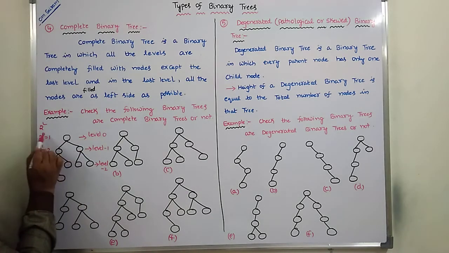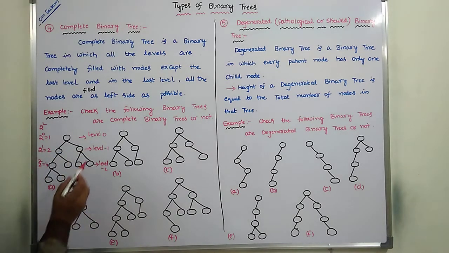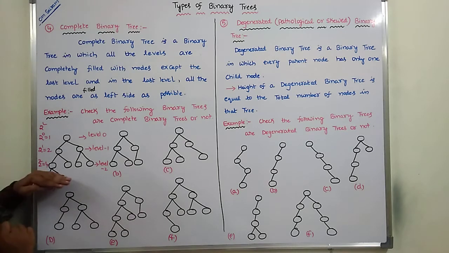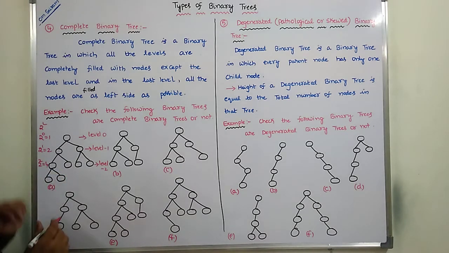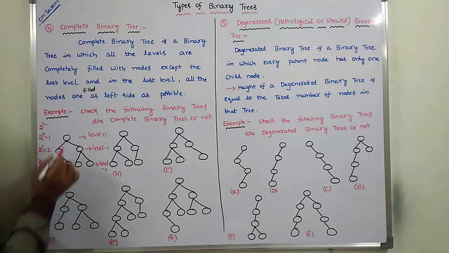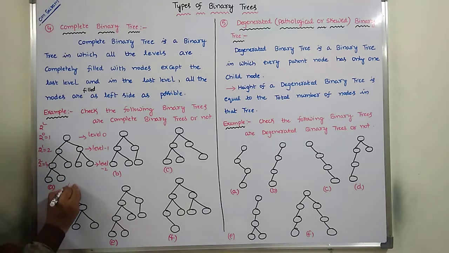Level 0 is filled with one node, level 1 with two nodes, level 2 with four nodes, but except the last level. In the last level, the nodes are filled as far left as possible. Here the nodes are filled at the left hand side. Hence we can say that this is a complete binary tree.